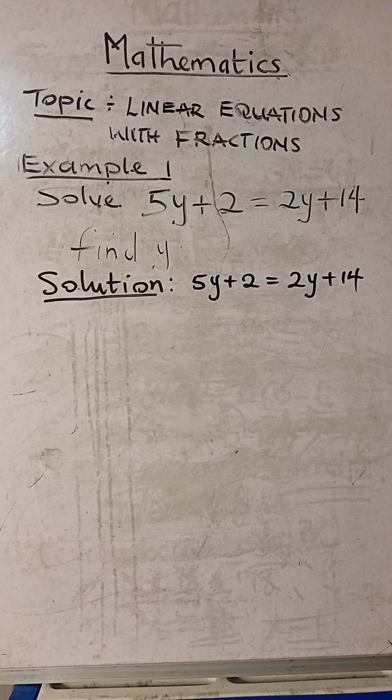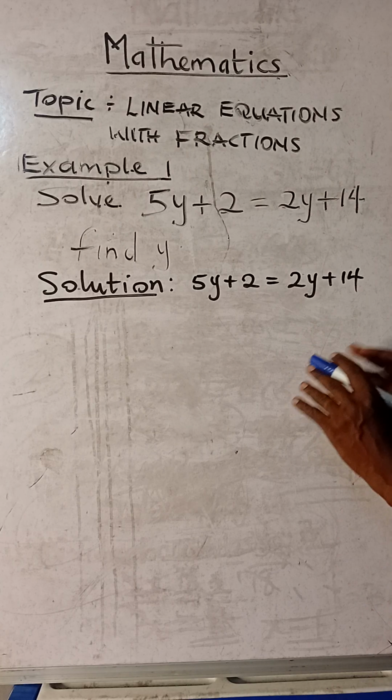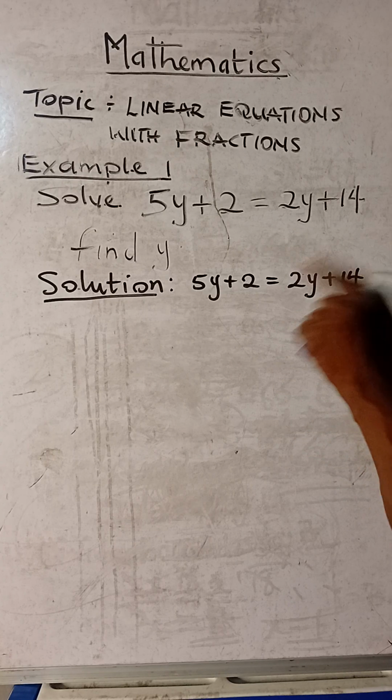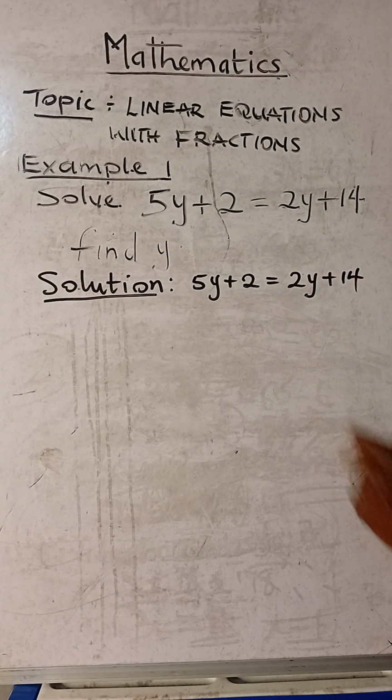So you can solve an equation with the value you are looking for, the unknown variable, which is y, on both sides. So you have to bring the value which you are looking for, which is y, to one side of the equation. And to do that, you have to do what we call collection of like terms.